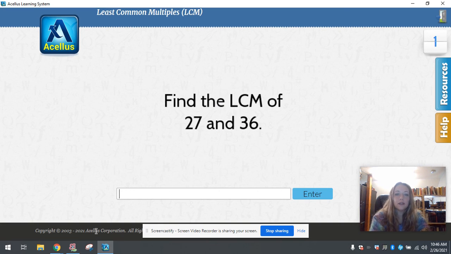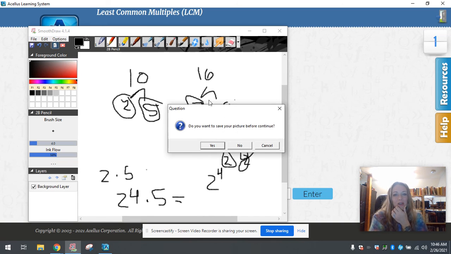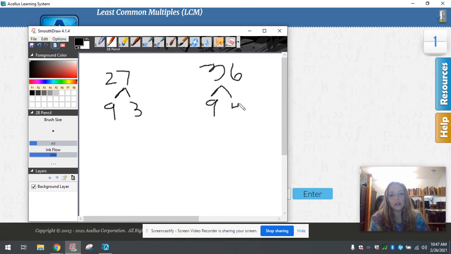Okay, 27 and 36. I know 27 and 36 are both divisible by 9. 9 times 3 is 27. 9 times 4 is 36, so I'll start there. 3 is a prime. 9 is divisible by 3.